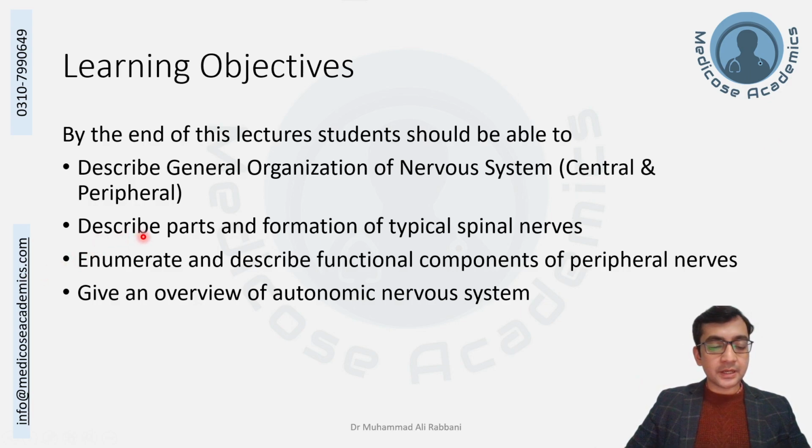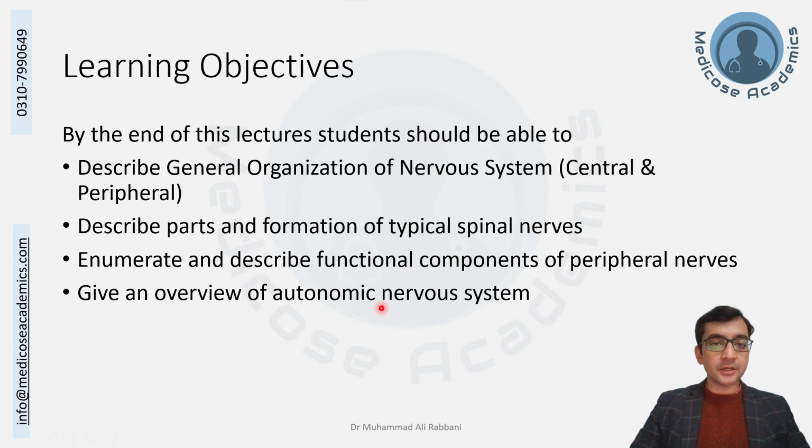We'll describe the parts and formation of typical spinal nerves, how they're formed, what they're made up of, and the function of each component. Enumerate and describe the functional components of peripheral nerves. We will discuss separately the cranial and the spinal nerves and give an overview of the autonomic nervous system.